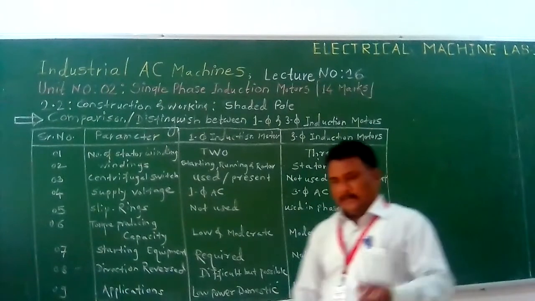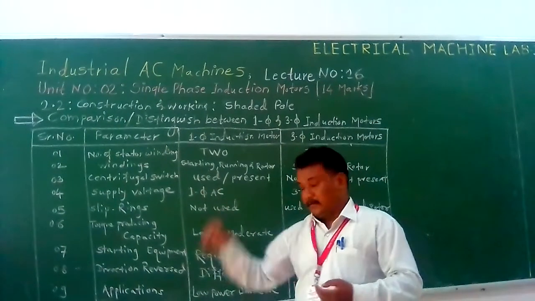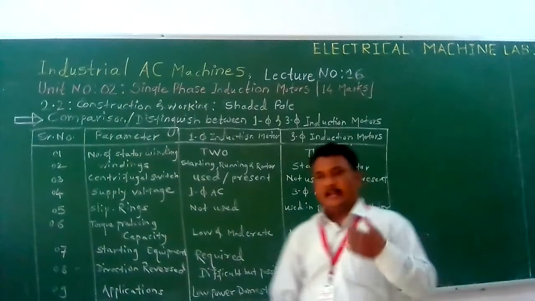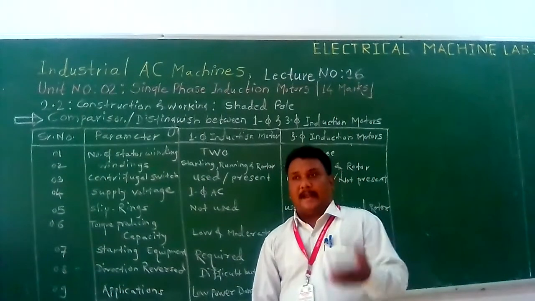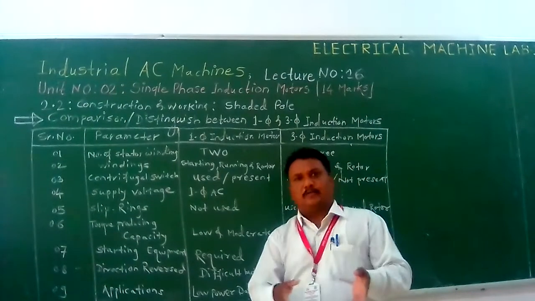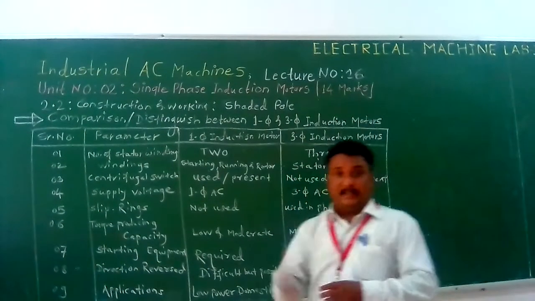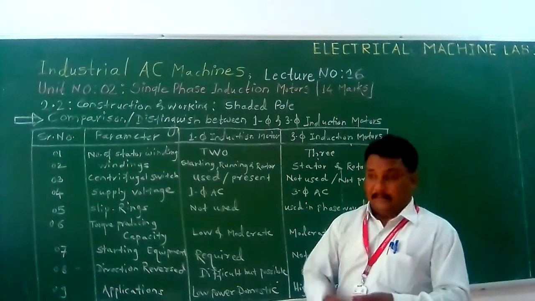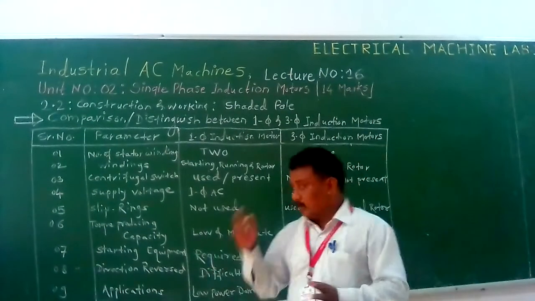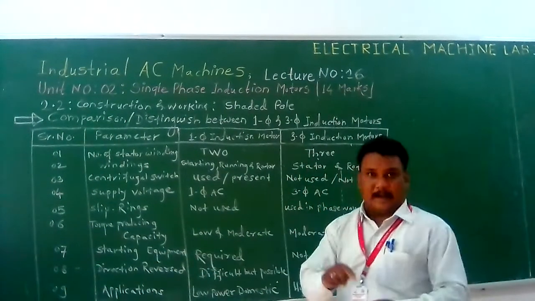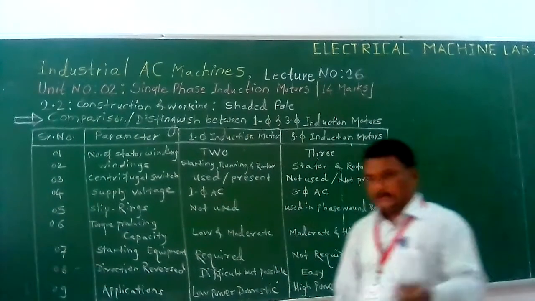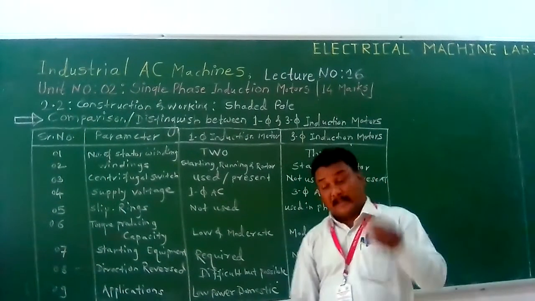Then the seventh is starting equipment. A single phase induction motor compulsorily requires starting equipment, such as phase compensating devices, resistors and capacitors. Without these devices, a single phase motor cannot be self starting. In a three phase motor they are not required because three phase induction motors are self starting.